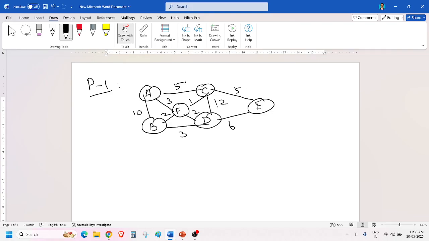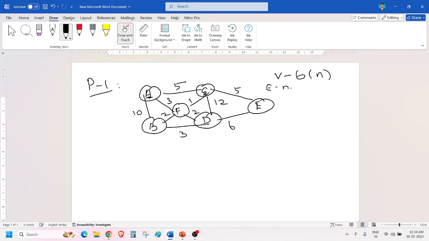First, if you look here, how many vertices are there? A1, B2, C3, D4, E5, F6. So these are the vertices, and vertices is considered as n.